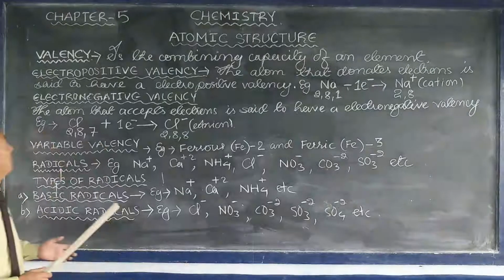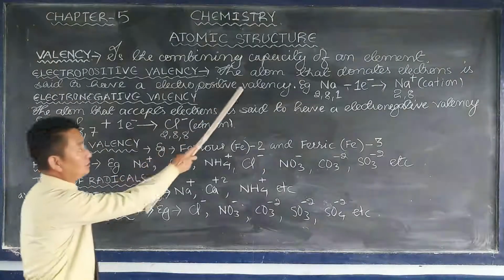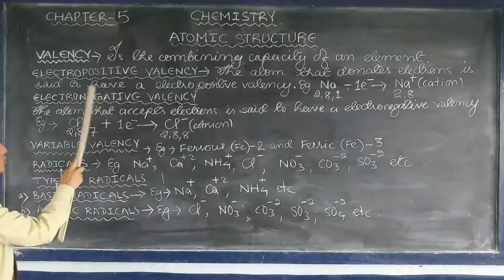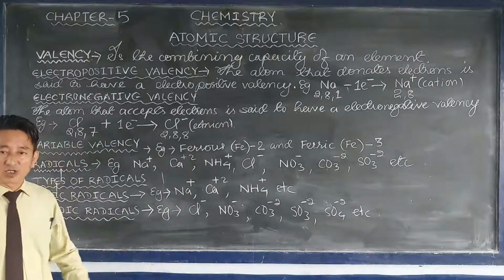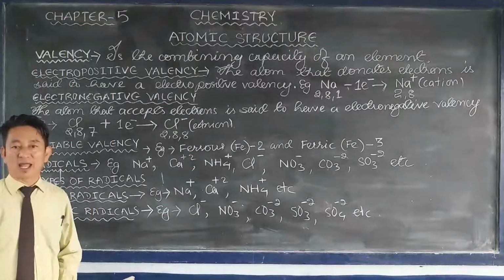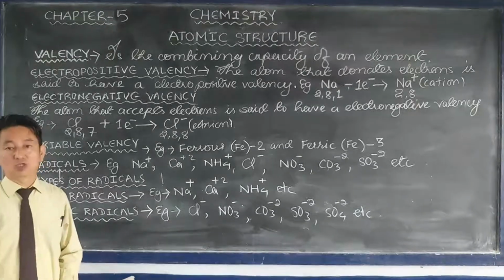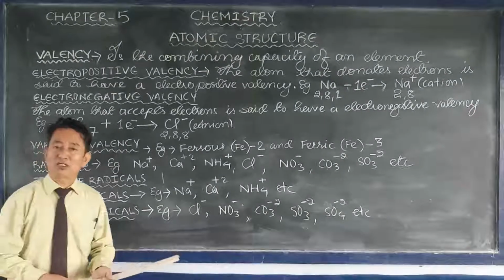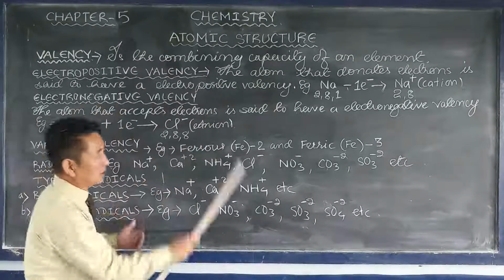Now next, electropositive valency. Here, the atom that donates electrons is said to have electropositive valency. As you know, metallic atoms have a tendency to donate or to lose their valence electrons. That is why metals are electropositive or they have electropositive valency.